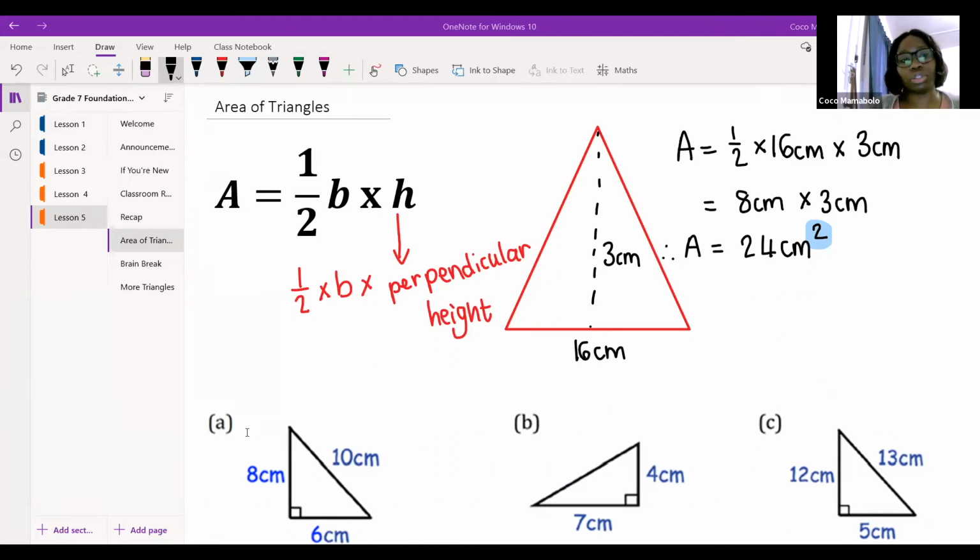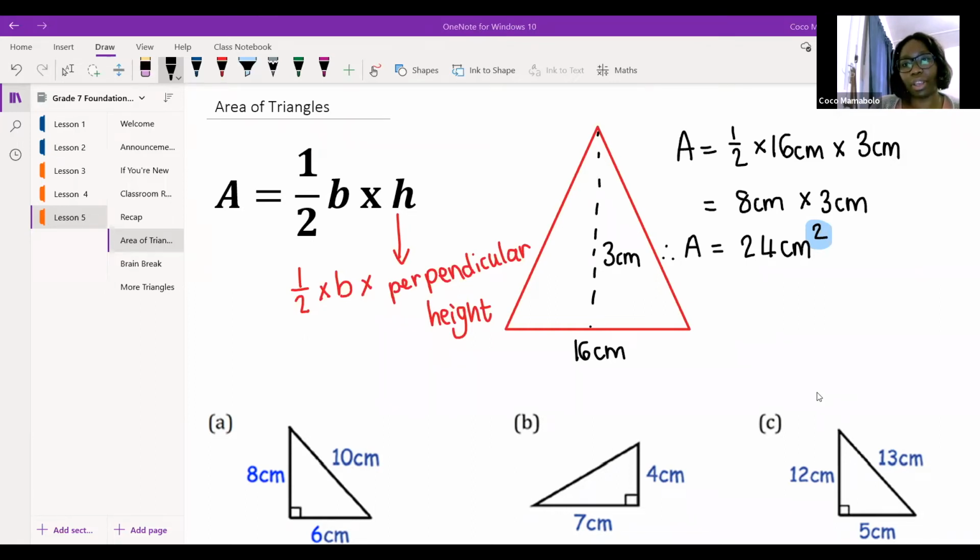So I'm going to ask you where we are. Where did I lose you? Hi, Samkelo. Where did we lose each other here? So when we're doing half times 16, how do you get 8? Okay, so Samkelo, if I had 4 sweets, what is half of 4 sweets? 2.